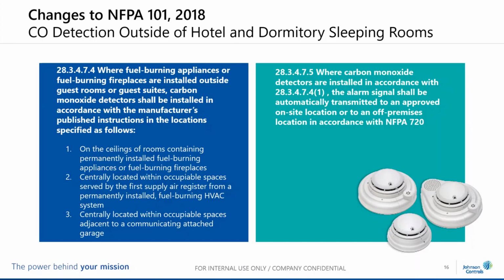As a note, we'll talk more about it later, but just to plant the seed now, a carbon monoxide detector must show up on the fire alarm control unit as a carbon monoxide event. It is not a supervisory, it is not a general fire alarm. It must show that it's a carbon monoxide detector, which may be an issue if we're changing out or modifying an existing hotel that maybe has an older fire alarm system that only does alarm, trouble, and supervisory. There needs to be a way for us to monitor that additional state.